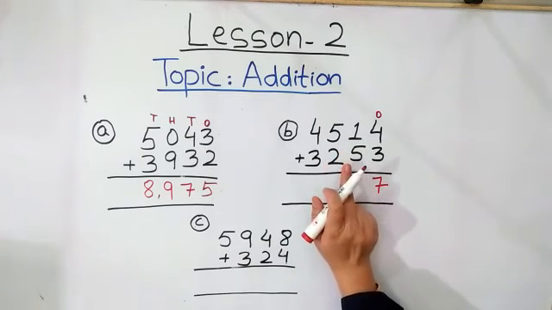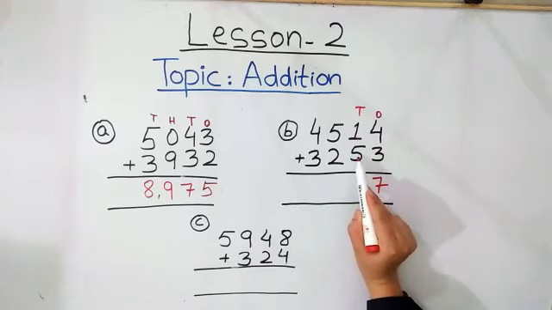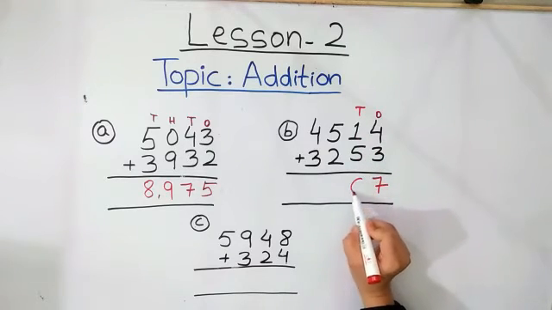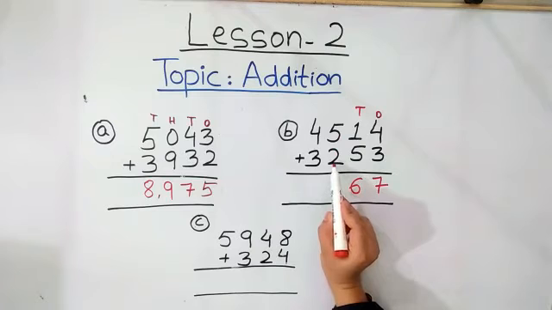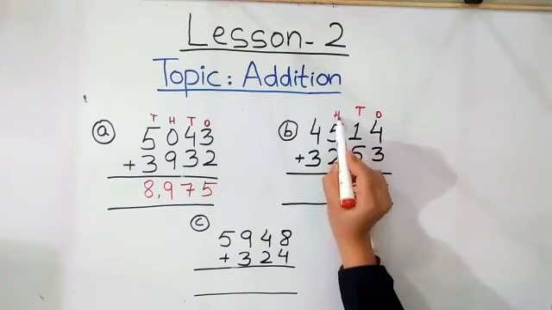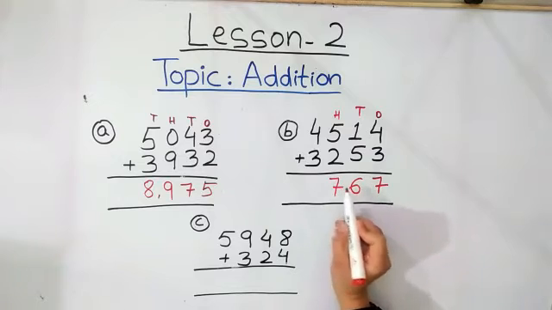Then the digits at the place of tens: 1 plus 5 is 6. Then 5 plus 2, which are at the place of hundreds, is 7.